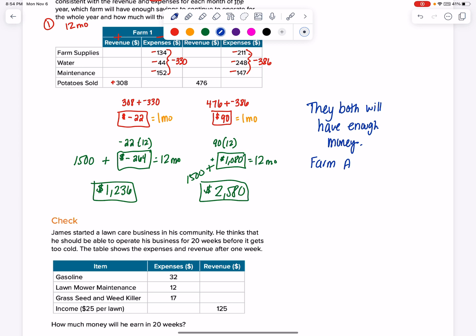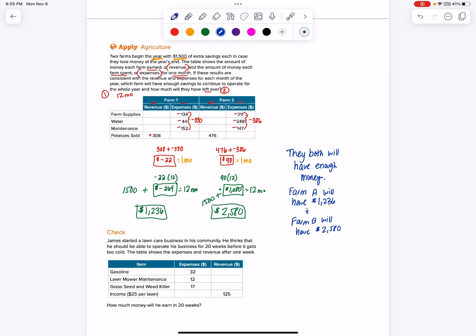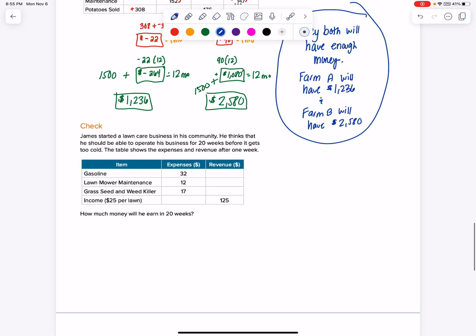Farm A will have 1,236, and farm B will have 2,580. Okay, so it looks like they should be able to be good for the year and continue to operate with that extra money. Now, obviously, if farm A didn't have extra money, it would not be able to function. So there's our answer. All right, let's go ahead and try this check here.